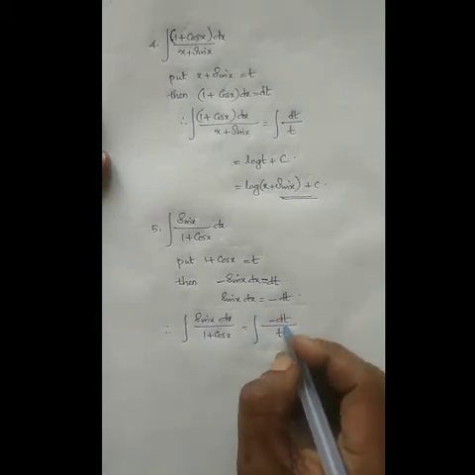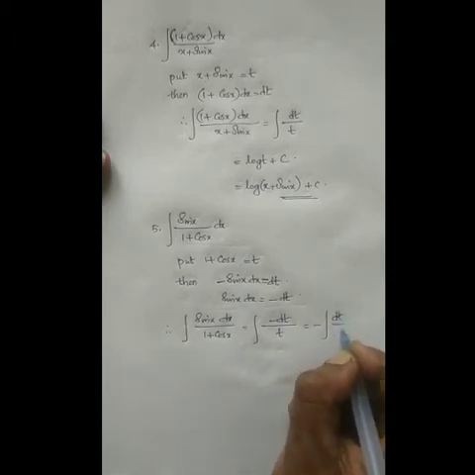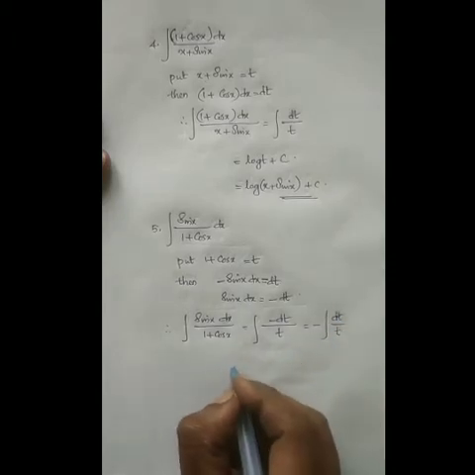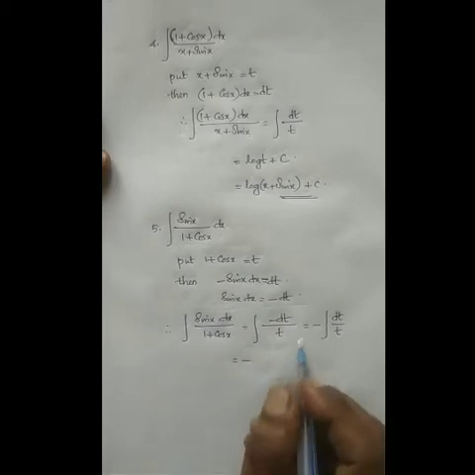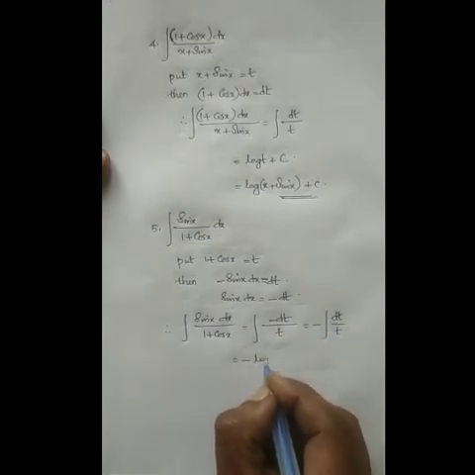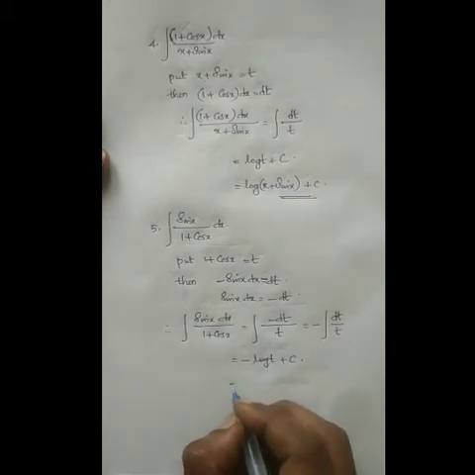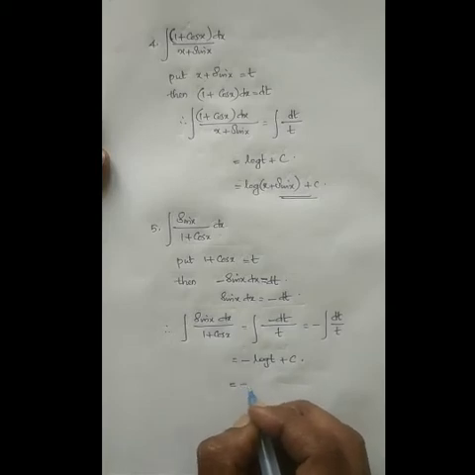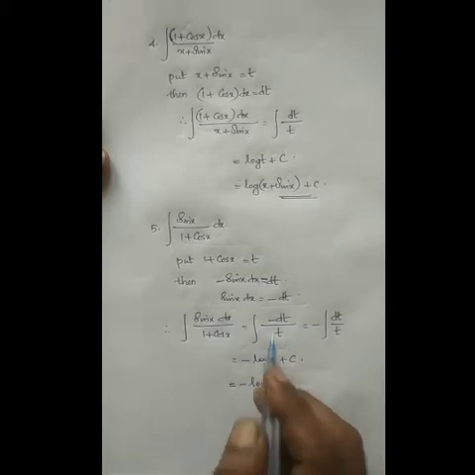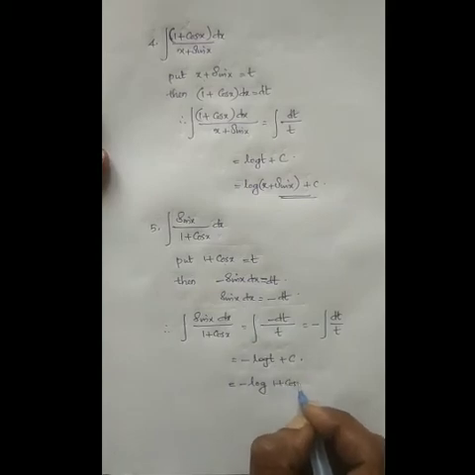Therefore, the integrand is minus dt by t, equal to minus integral of 1 by t dt, which is log t plus c, and it is minus log t, t is 1 plus cos x, plus c.